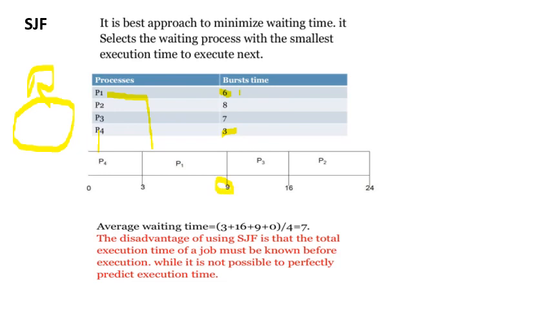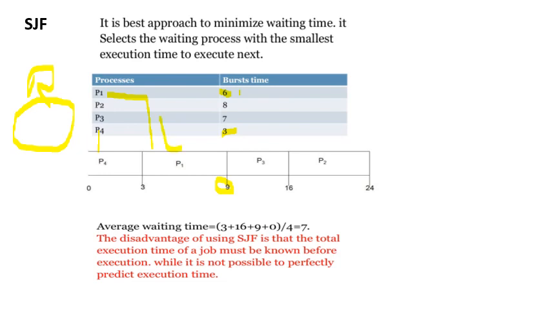Now we have completed the execution of processes P1 and P4, so the remaining processes in the ready queue are P2 and P3. Within these, P3 has the lowest burst time, the shortest job.